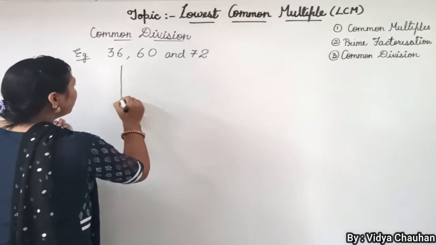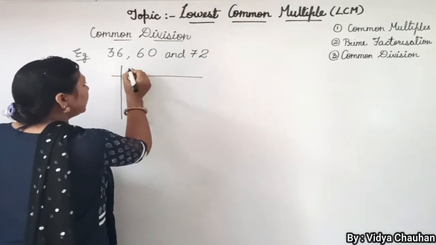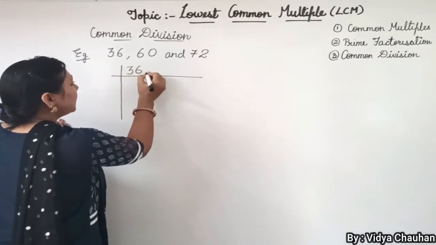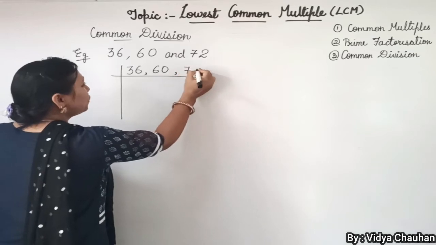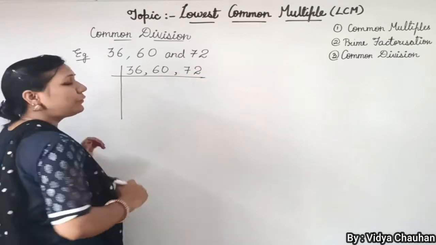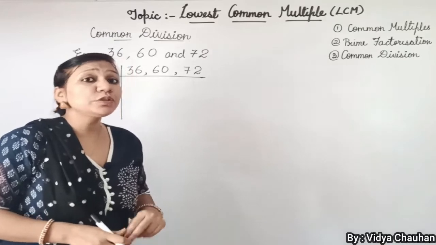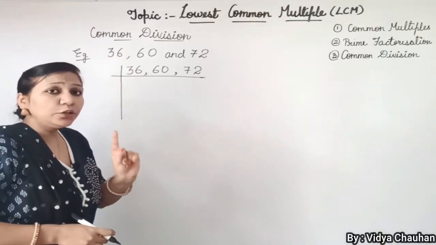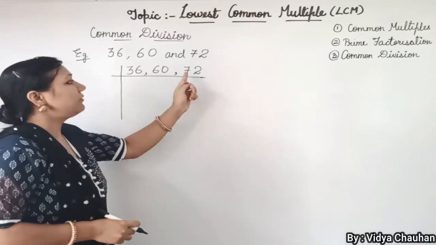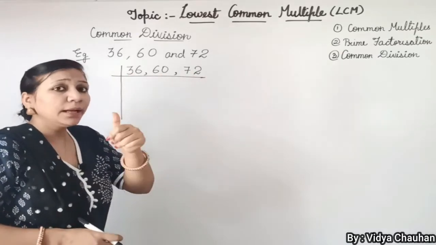So very first we will write all the 3 numbers in the factorization setup like this: 36, 60 and 72. And now what do we have to do? We have to choose any prime number which is going to divide all the 3 numbers.